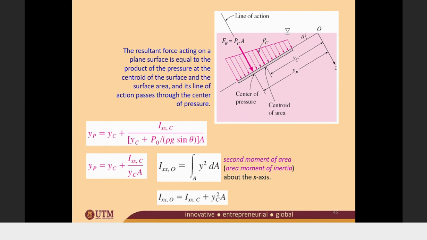In order to find it, you write center of pressure YP equals YC, that is the centroid, plus IXX over YC times A. IXX is called the second moment of inertia, which depends on the area of the surface, and YC is the centroid Y.